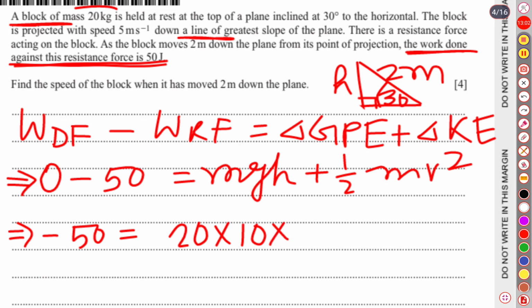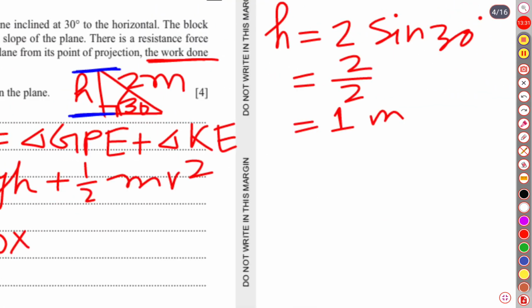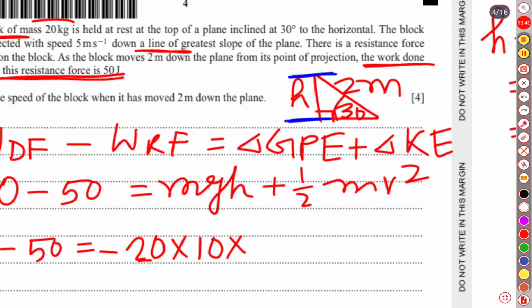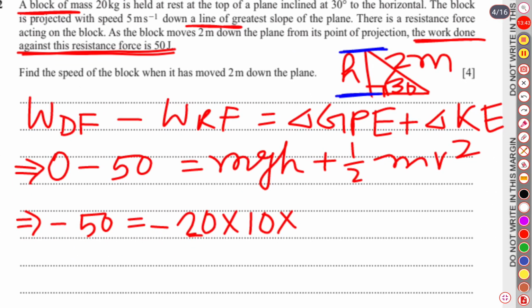Initial height was more than the final height, so if we subtract the initial height from the final height, it will be negative. Initial height was 1 meter, as we have already found, and final height was 0. So it is 0 minus 1, which means negative 1.